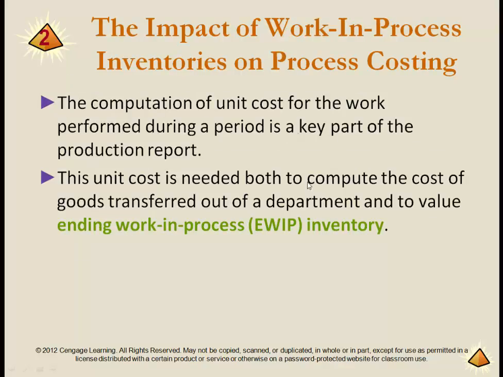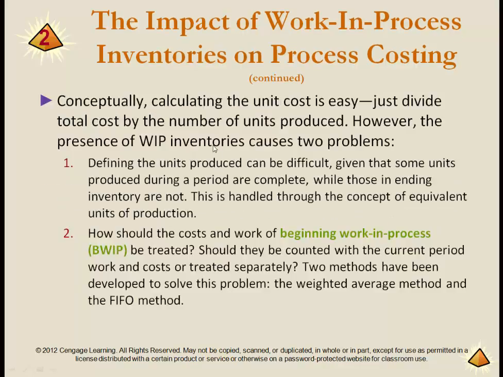So what we want to do is figure out the unit cost for the work performed during a period in each department for this production report. The unit cost is needed to compute the cost of what we transferred out, to value the ending work in process inventory, but also to value your ending finished goods inventory. So we calculate it: we just divide the total cost by the total units.